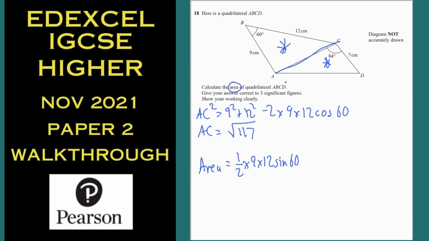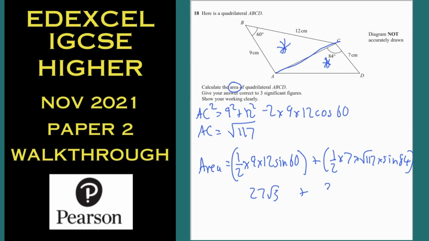As you can see, 3 sig figs, so you're just going to stick all this in your calculator anyway. If you're not sure, do stick in the brackets, but that all ends up to be 27 root 3 if you did it on its own. But you need to add on the area of the second triangle, so it's a half, and your new A and B, different values, so it's multiplied by the 7 we were given, and the root 117 that we just worked out, times the sine of 84.